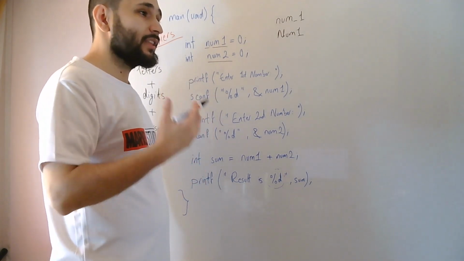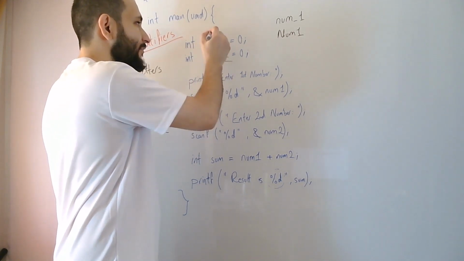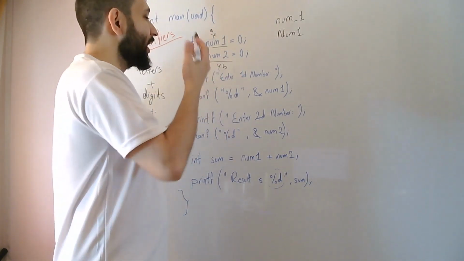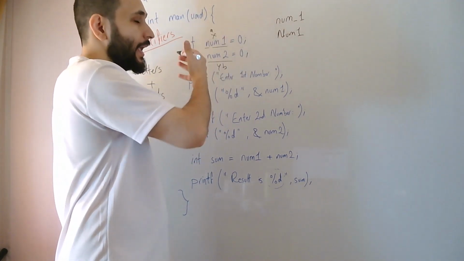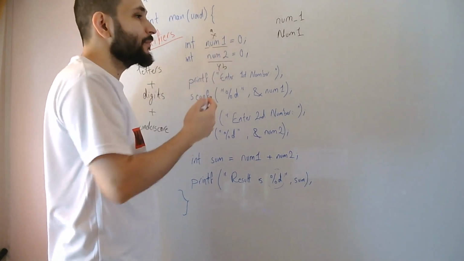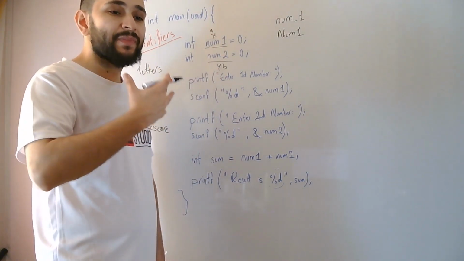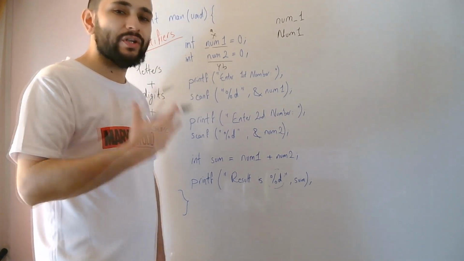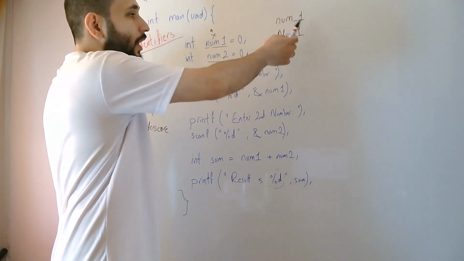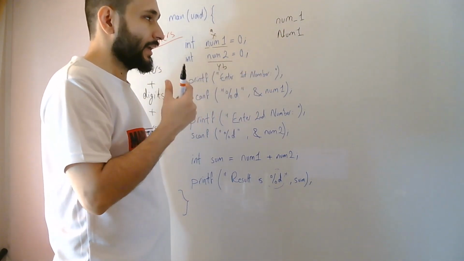And as such, the names should be meaningful. We can have X and Y here, or we can have A and B. This is also correct and it will work, but X or Y or A and B do not represent the meaning of the variable and what it is used for. So it's better to use an identifier which represents the meaning of that variable. So num1 is a good example that we can use for our identifiers.